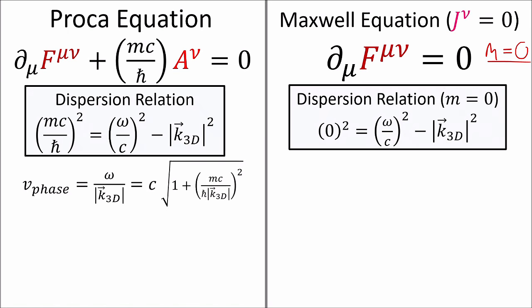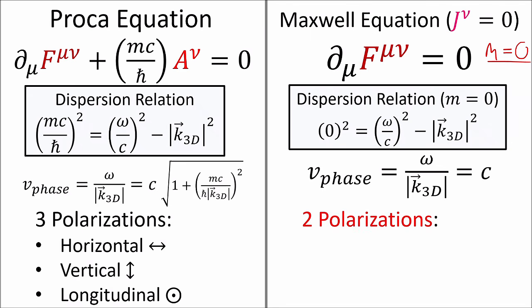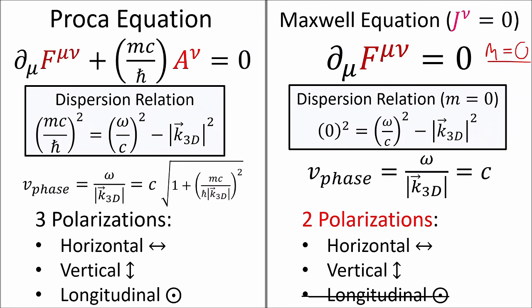But for the massless solutions, all wave solutions travel at the same speed of light c, regardless of the wave vector. The biggest difference between the massive and massless cases is that the massive case has three possible polarization solutions, whereas the massless case only has two transverse polarization solutions, and there is no longitudinal polarization.